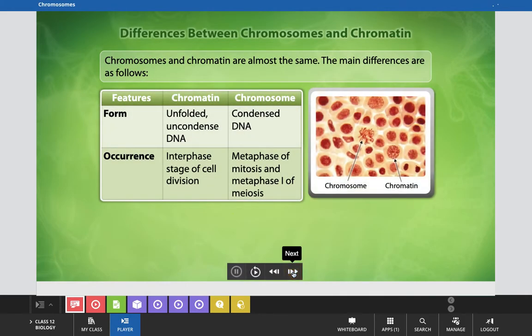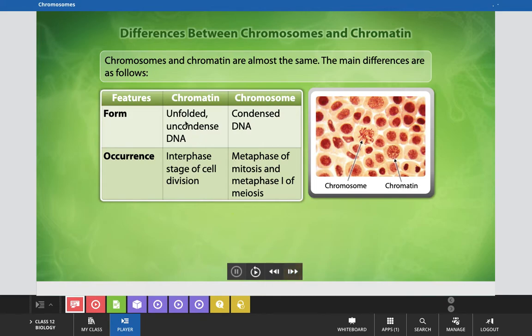Now here you can see how we can differentiate between chromosomes and chromatin. These two words are almost used in the same reference. The main differences are as follows. With the help of this table, try to understand. Chromatin is unfolded, uncondensed DNA.